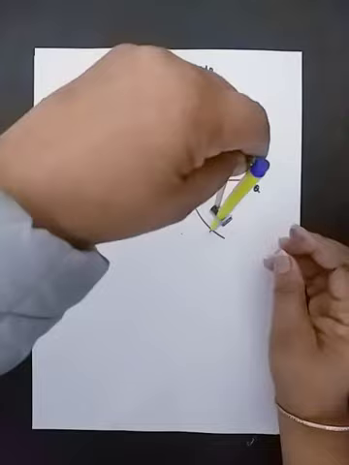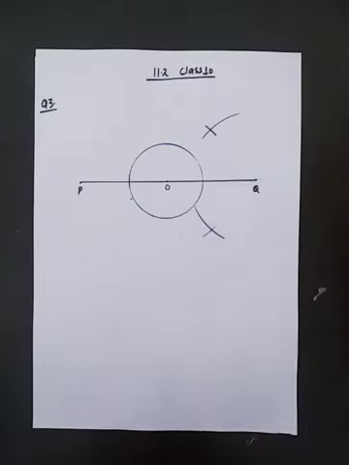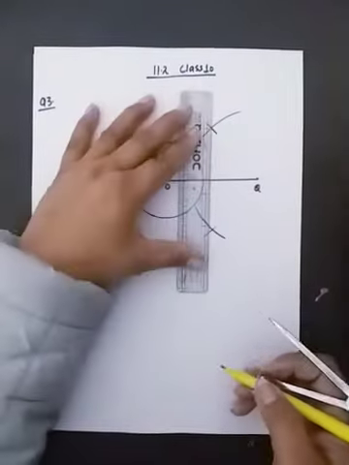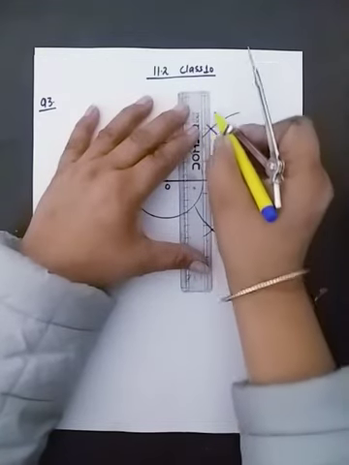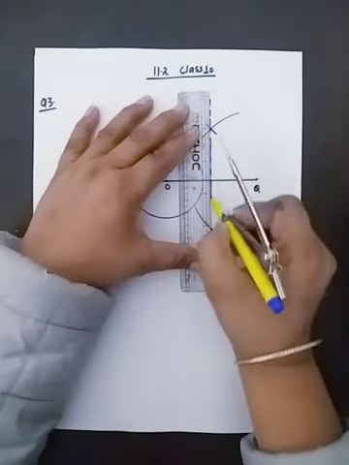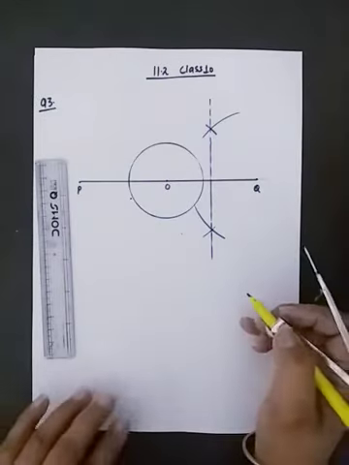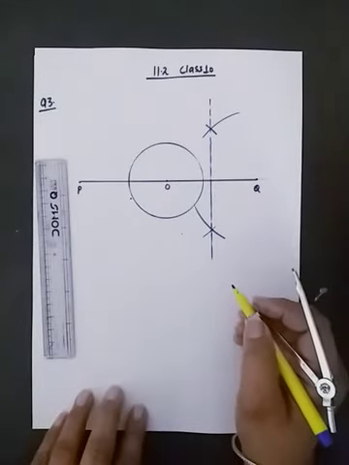We can draw the perpendicular bisector. So this is the perpendicular bisector of OQ.